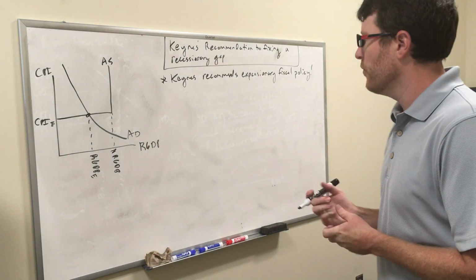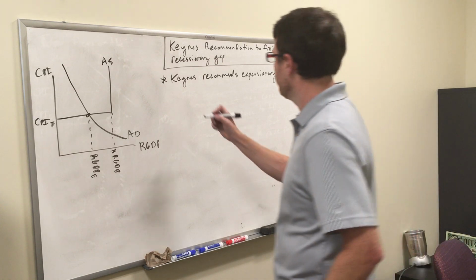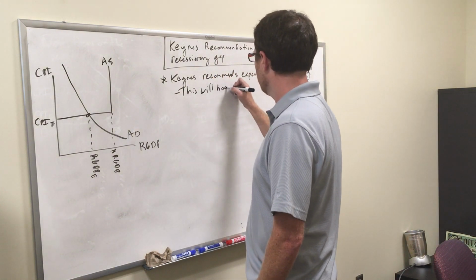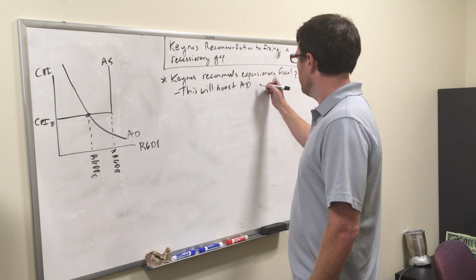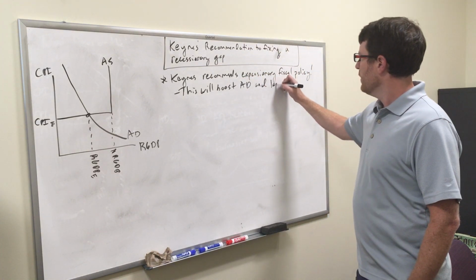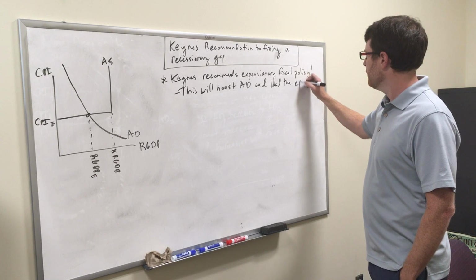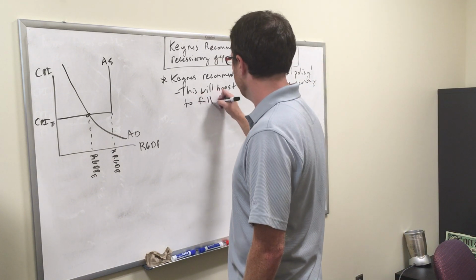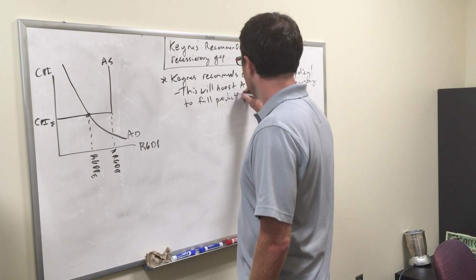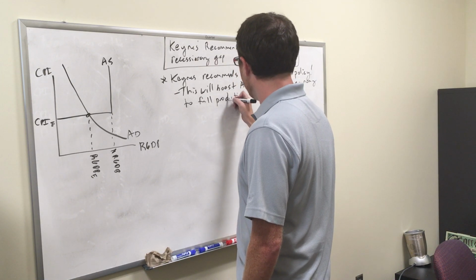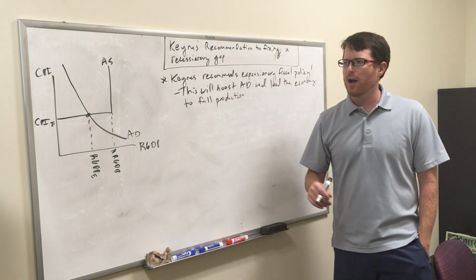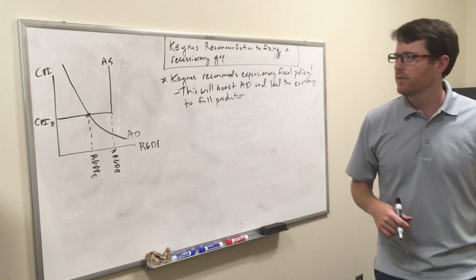And the result is that's going to boost aggregate demand and lead the economy to full employment, full production, get rid of all those idle resources, right? We got a lot of people right now not working, a lot of capital not being used.